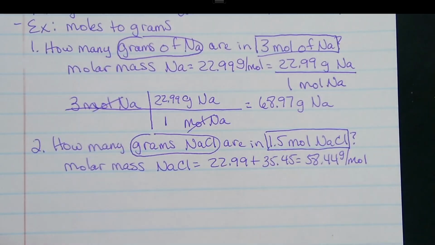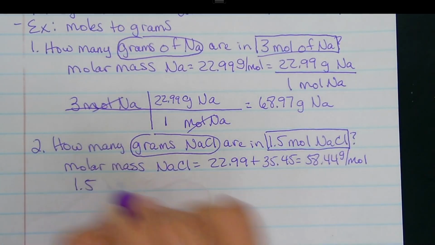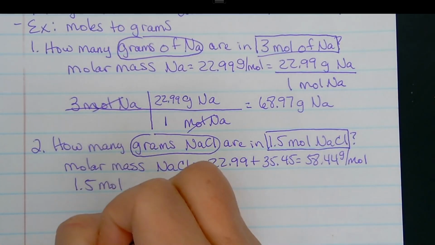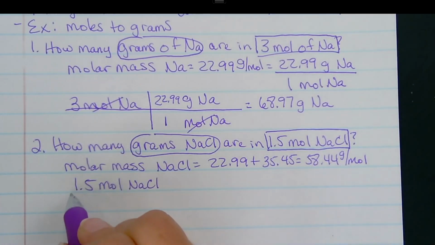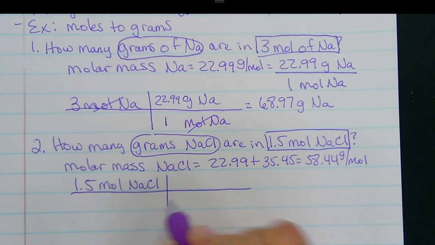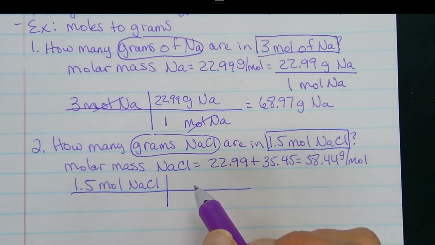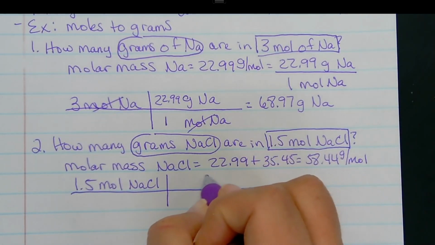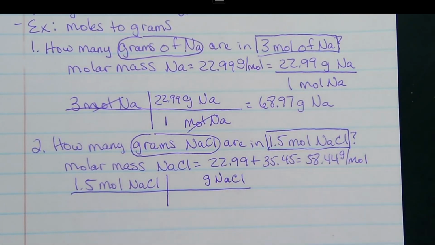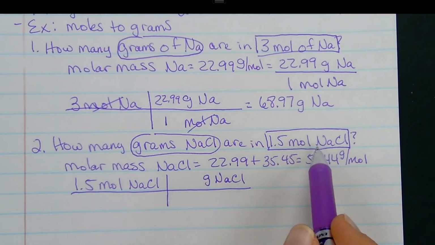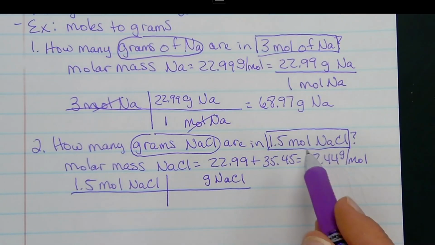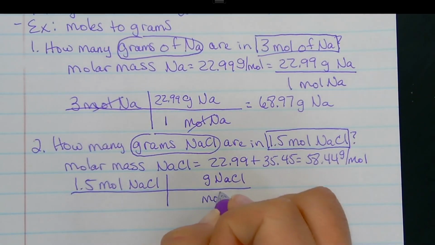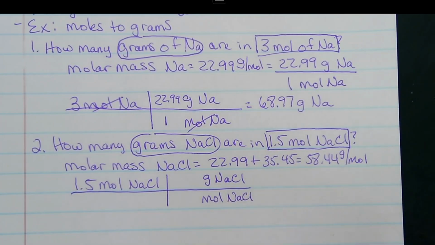Then we're going to go ahead and write our given. 1.5 moles of sodium chloride. Set up my train tracks. I'm going to put the units of my want, what I circled here, so grams of sodium chloride. And the units of my given are what I'm starting with, what I boxed here, moles of sodium chloride.